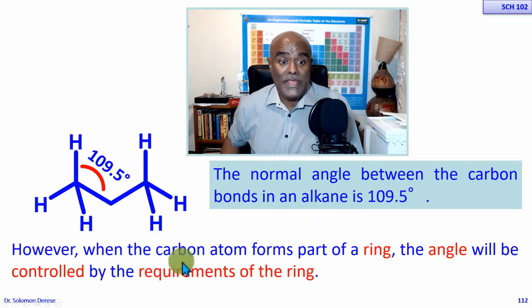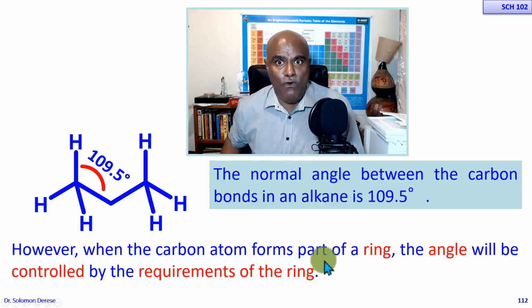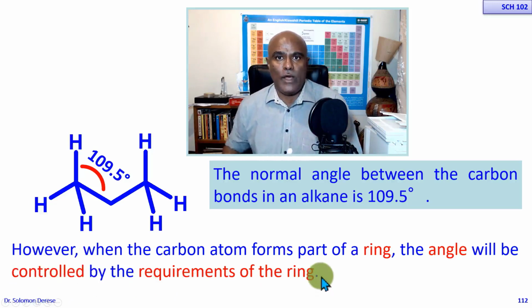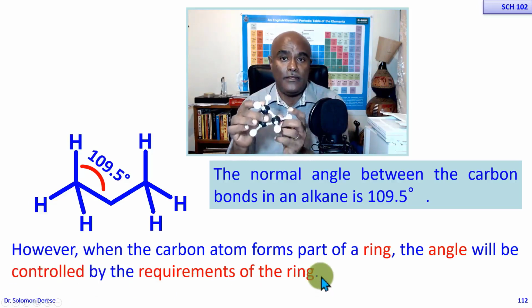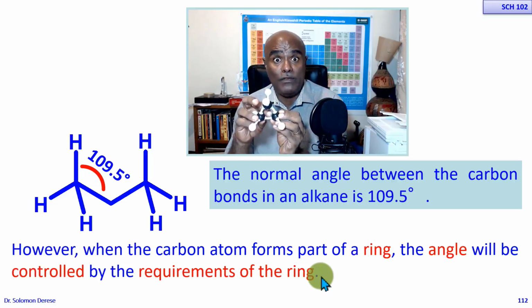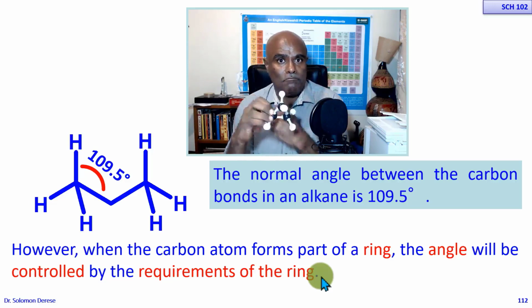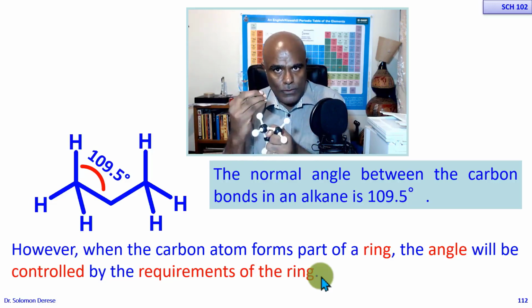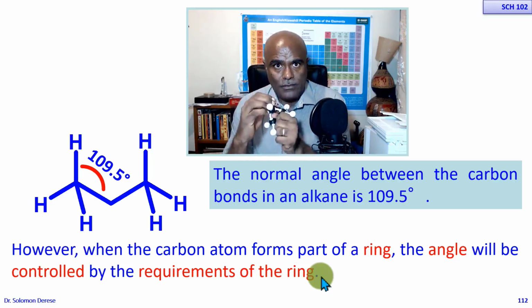However, when the carbon atoms form part of a ring, their bond angle is determined by the requirement of the ring. There is no way, even if you wish to have a bond angle of 109.5 degrees in a cyclopropane, not possible at all.